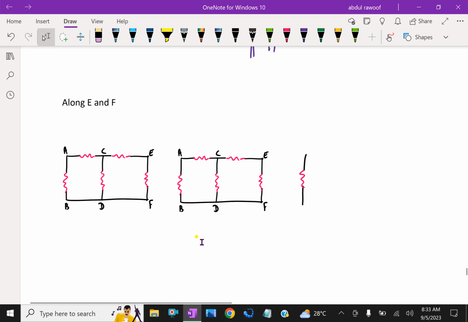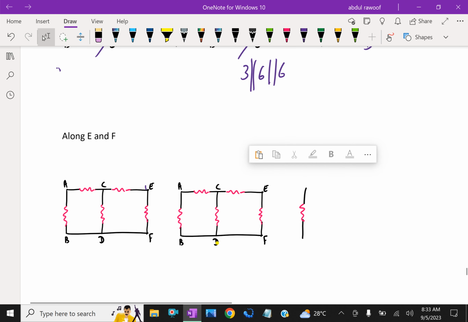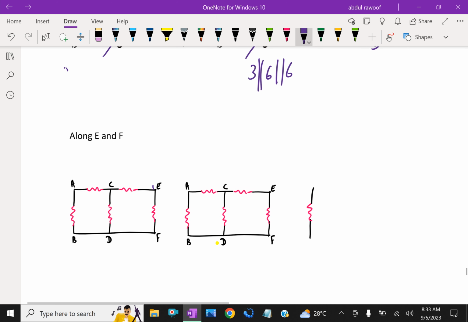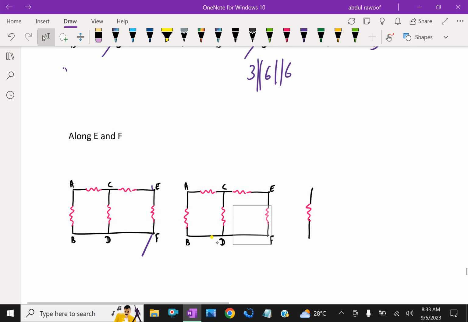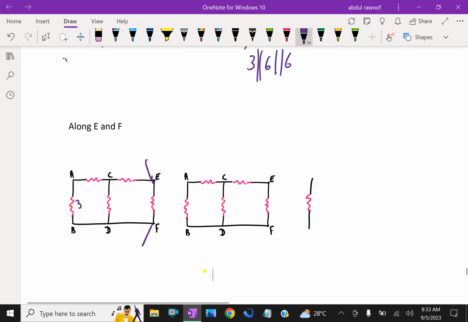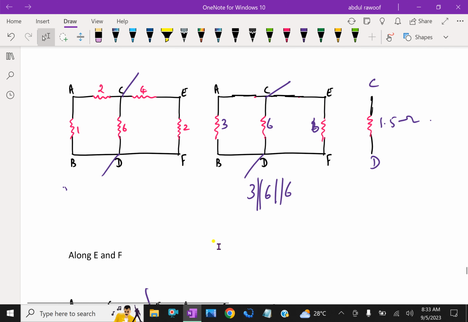E to F is, look at here, this way. E to F means this is 3, here 1 and 2.